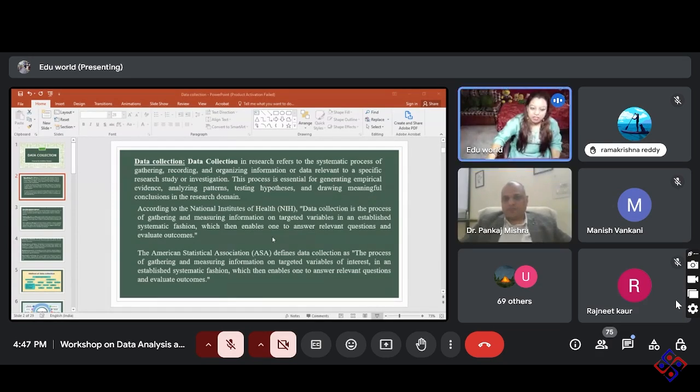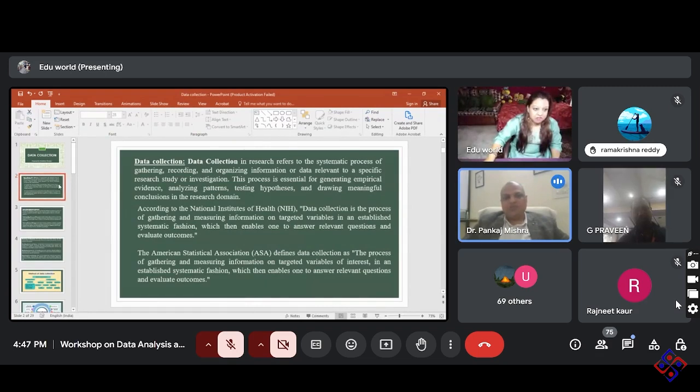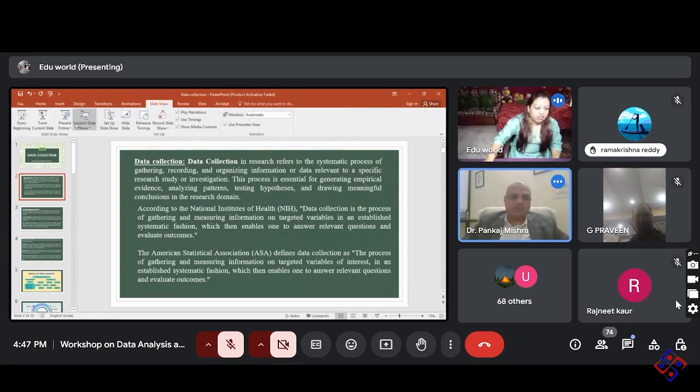Your entire screen is visible, but only the PowerPoint page is given, not in slide view or presenter view. Just a second. It's still not coming. You just stop the presentation and share the entire screen; that will be helpful.